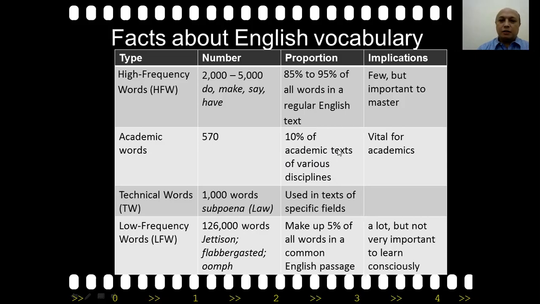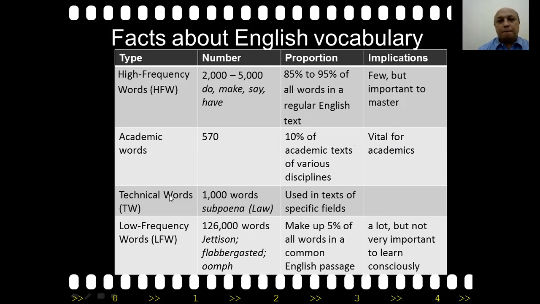So as far as there are academic texts, they are likely to contain about 10% of the whole words. So what is the implication? The implication is that academic words are important for academics. Now you are academics, because you study in university, you study academic matters, and we can call you, or you can call yourself, an academic. Just as your lecturers are also academics.